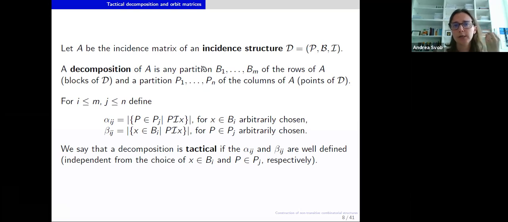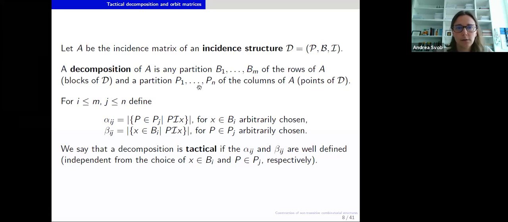You can see that the incidence matrix of an incidence structure here is a B times V matrix: rows are labeled by blocks and columns are labeled by points. Okay, so this is the decomposition.